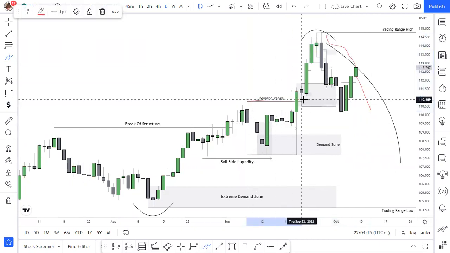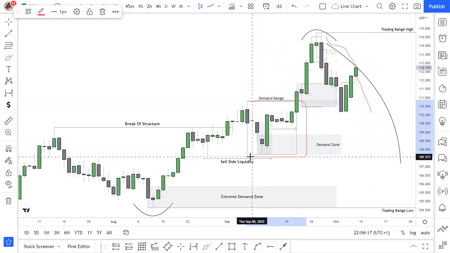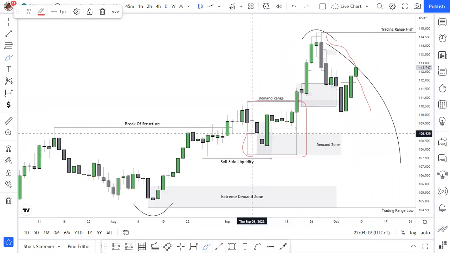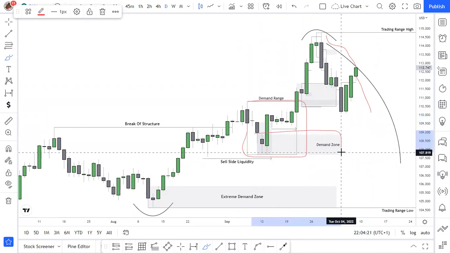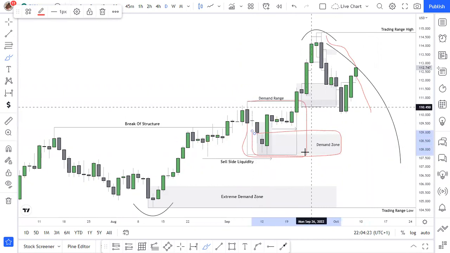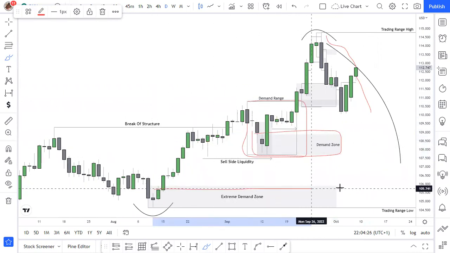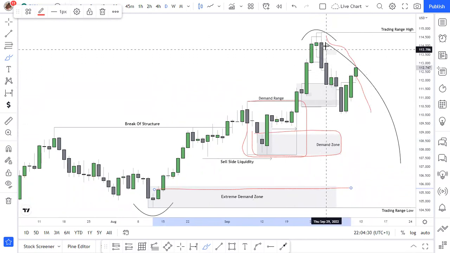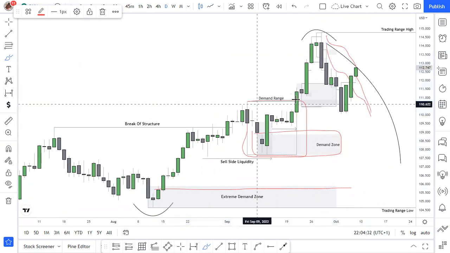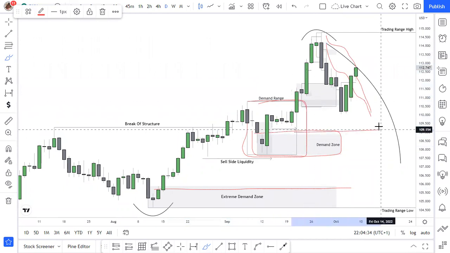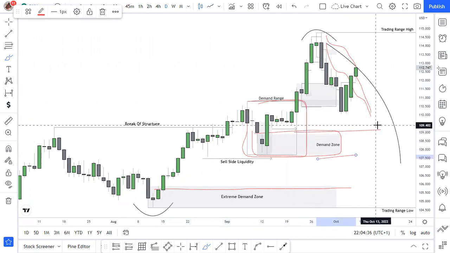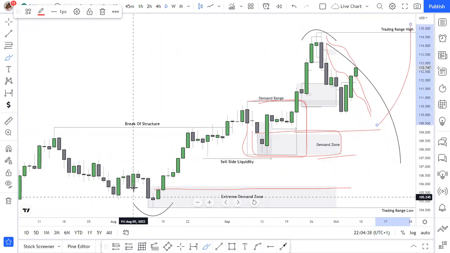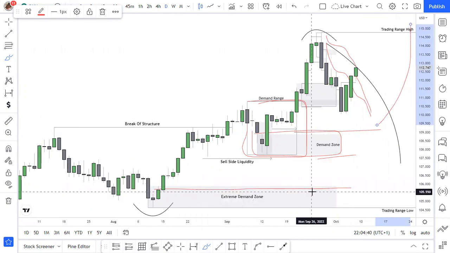Like we had this demand range here, and this was like a refined demand range within this whole range, and we also had this extreme demand range here. So we said we want to see price pull back into this range, or maybe to the extreme demand zone before continuing the bullish structure. And we also had this extreme here.